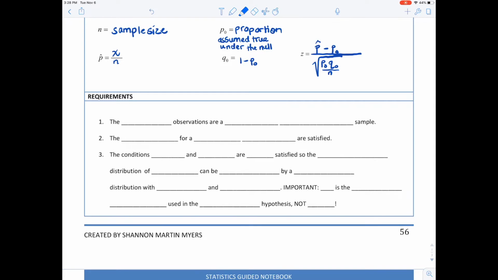Now the conditions, the requirements. The sample observations are from a simple random sample. The conditions for a binomial distribution are satisfied.